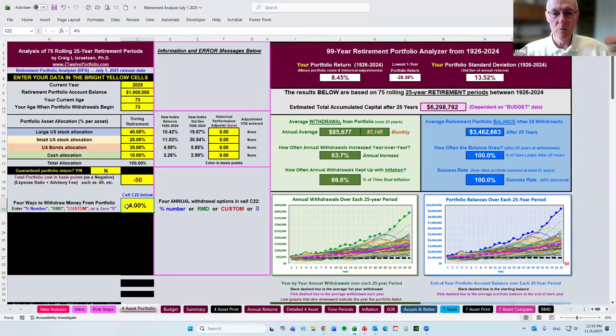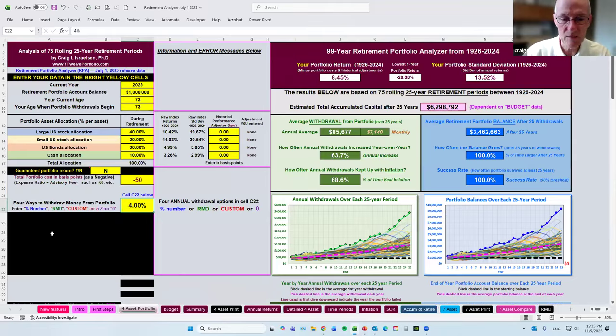Obviously, if you raise the percentage that you're withdrawing, you inevitably reduce the ending balance. That's like clockwork. What's not as clear is what happens to the average withdrawal. You would think that as you keep escalating the percentage withdrawal rate, you would keep growing the amount you withdraw on average. That's not true, and I want to demonstrate how that's not true.